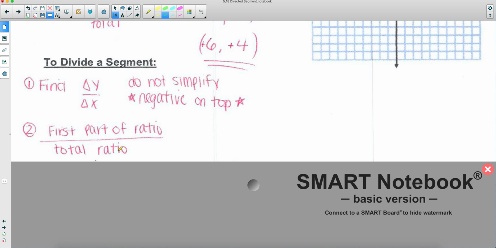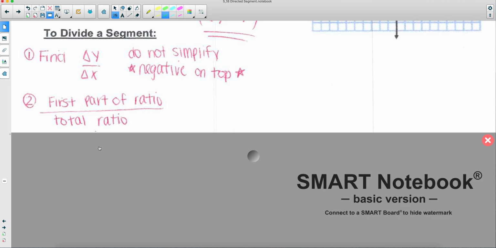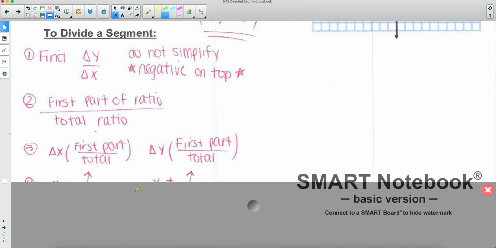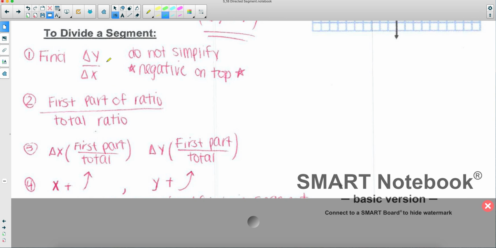Remember, to find the total, you add together the 2 pieces. Next, you're going to combine steps 1 and 2. Your change in x times that new fraction, your change in y times that new fraction that you got from that ratio. And then finally, step 4 is you're going to figure out, all right, well, where did I start?